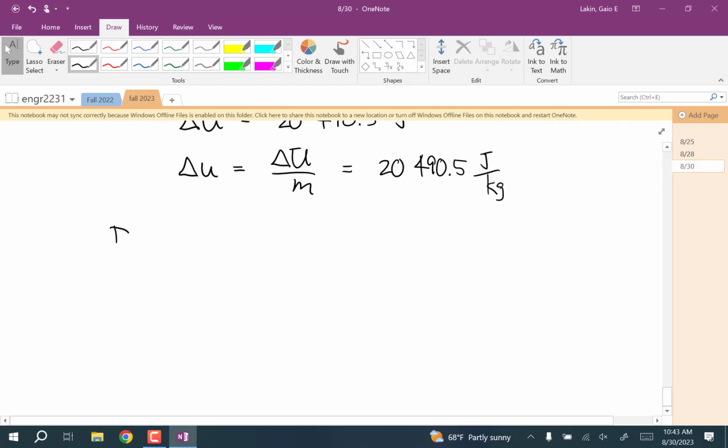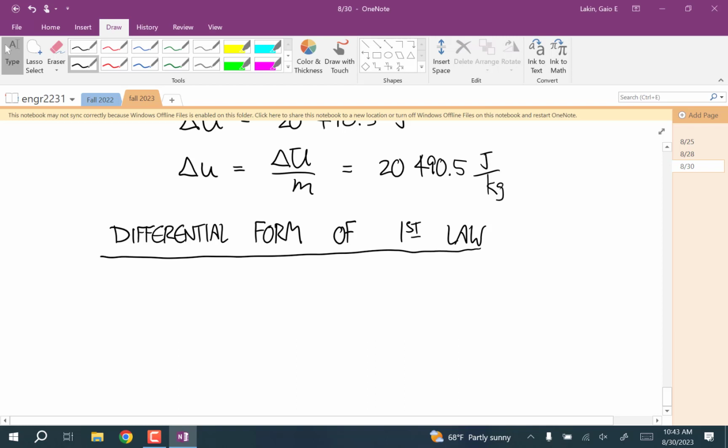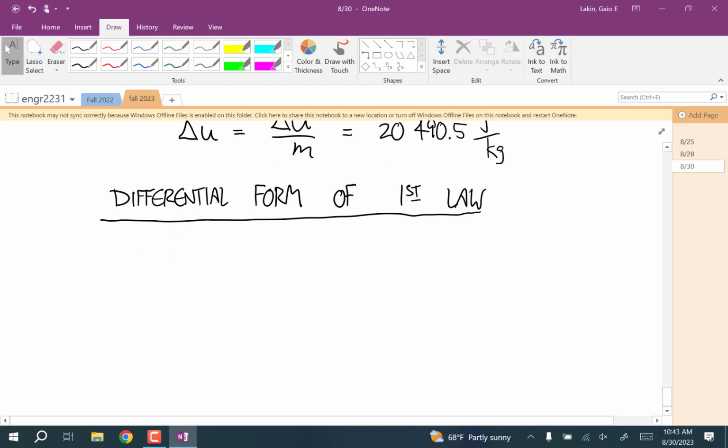So sometimes it's useful to use the differential form of the first law. And we'll write this as the time derivative of the energy is equal to Q dot minus W dot.